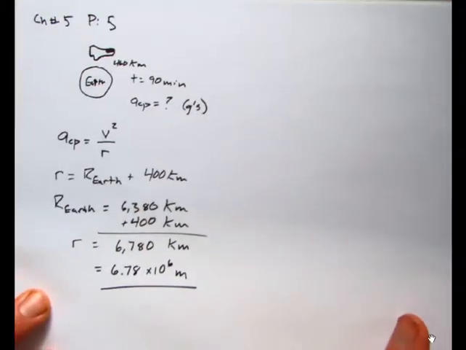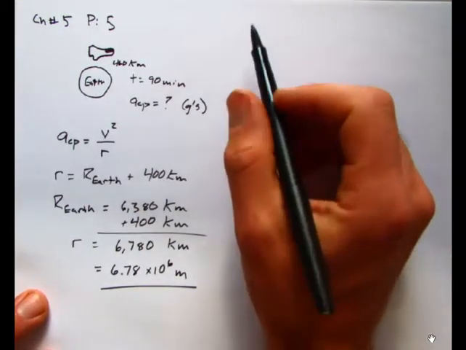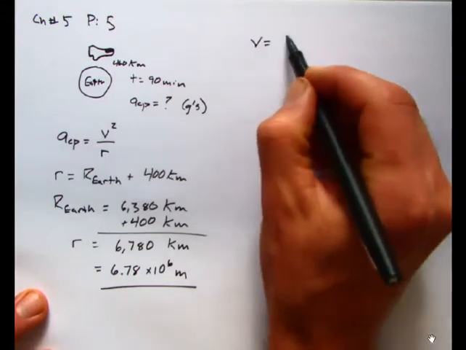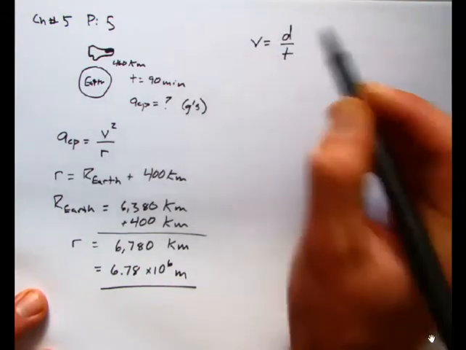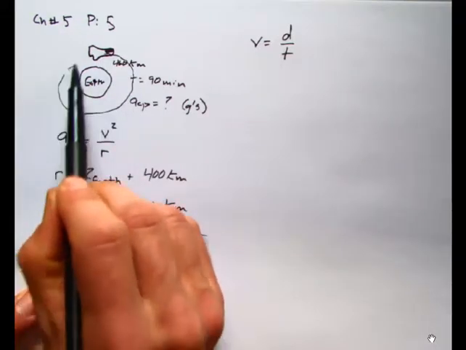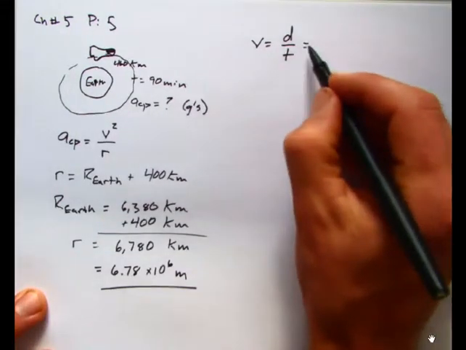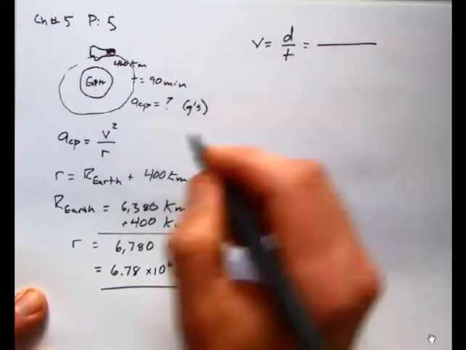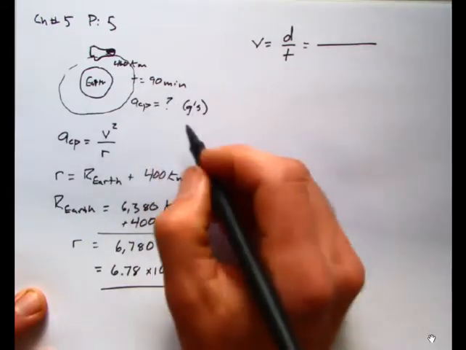Well, how do I know the speed of the space shuttle? Well, let's do this. Last I remember, speed is distance over time. Well, if I know the time for one complete orbit, right? The time for one complete orbit, it told us is 90 minutes.